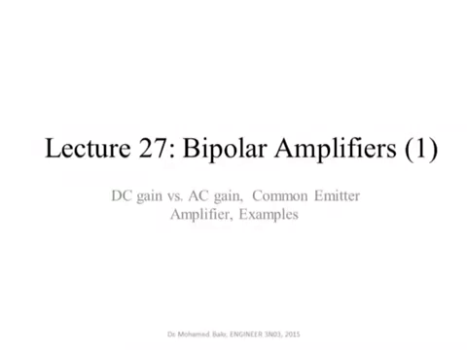We'll start in this lecture our discussion of bipolar amplifiers. We'll discuss how we can do the DC analysis, AC analysis, and we'll start with one configuration of the bipolar junction transistor amplifiers. This is a common emitter. This configuration is very similar to the common source amplifier we studied earlier for the case of JFETs and MOSFETs.